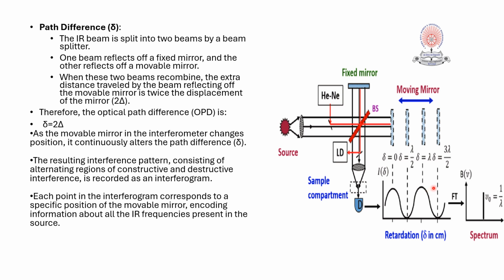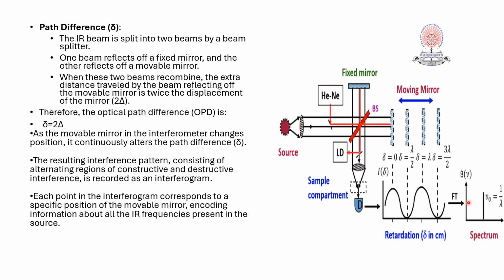Theoretically, if the path difference is any whole integer multiple of lambda, from 0 to n, then there is constructive interference. But if the path difference is lambda by 2, 3 lambda by 2, like this value, then there is destructive interference. So in this way, the movement of the mirror creates different types of interference that enters into the sample.